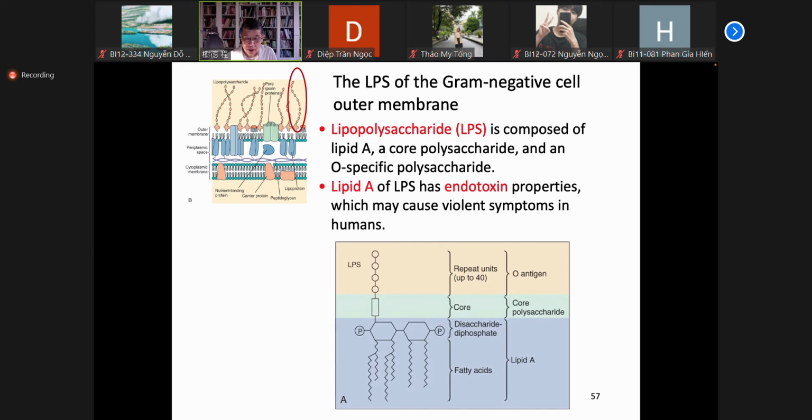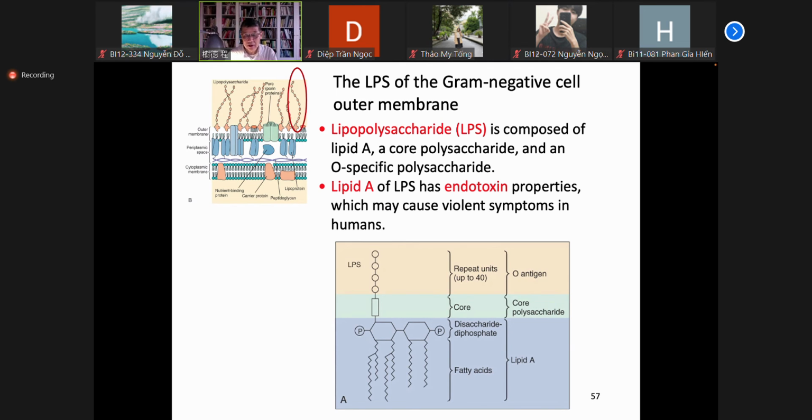So this part is called lipid A. The major part of the endotoxin is this lipid A, and the outer part is not toxic, but it is generally linked with lipid A. So the whole LPS structure is very toxic, with violent symptoms.